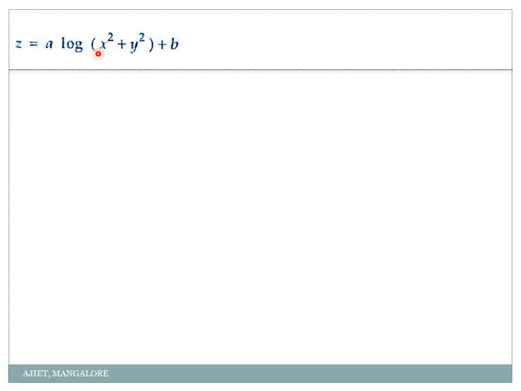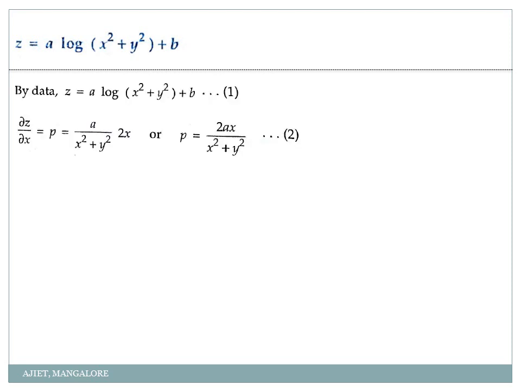You have to just go on differentiating, that's it. See, when we differentiate, obviously this b will get eliminated directly. Is it yes or no? Because b is a constant, it is not having any variable, so its differentiation will become 0 directly. So first I'll differentiate with respect to x. So when I do that, dou z by dou x, I'm calling it as p. A as it is, what is differentiation of log x?